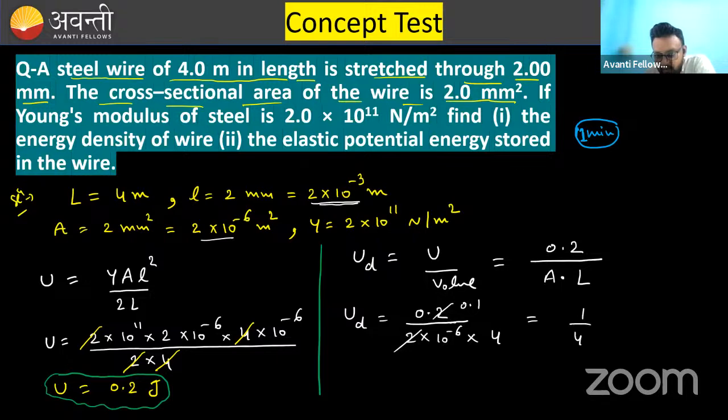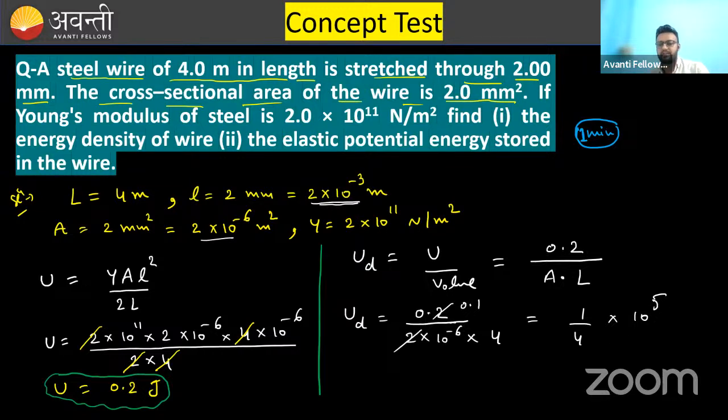So it will be 1 by 4 into 10 raised to the power minus 6. It goes up in the numerator and becomes positive 6. And there is a 0.1 that is minus 1. So it will become 5.